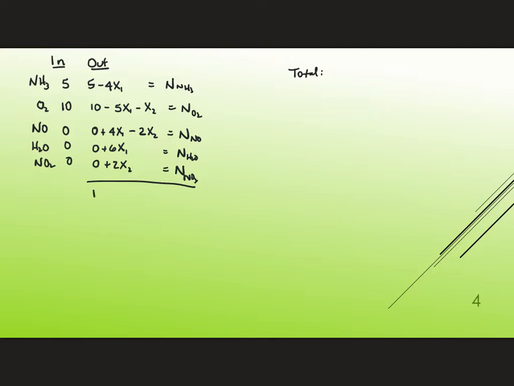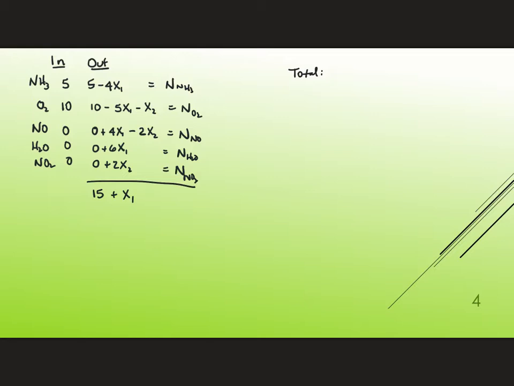I started with 15. I have, for x1s, minus 4 minus 5 plus 4 plus 6. So I end up with plus x1. So I've added a mole based on the extent of reaction in reaction 1.